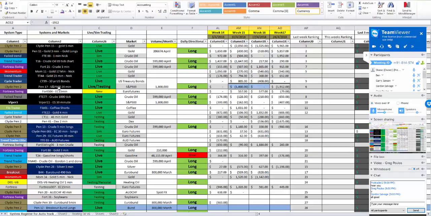So the biggest challenge for us when we're running these systems is what? You'll see it over the weeks. There'll be weeks where this cluster of 20 or 30 systems will have a negative overall result. But remember that we're trading the market, so it's the market that's dictating the environment that we're in.